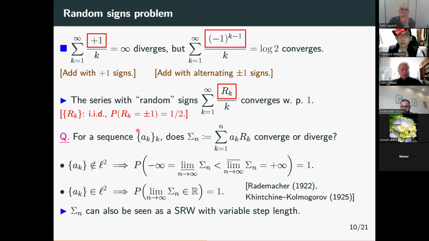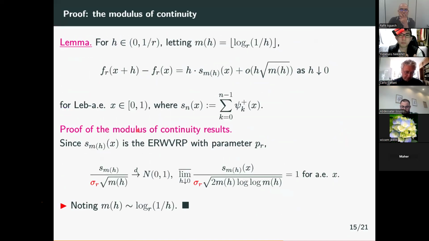And the increments of FR are approximated by this elephant random walk, the sum of psi plus. So the increments of these functions depend on the parity of R, so the limit theorems differ when R is odd or R is even.